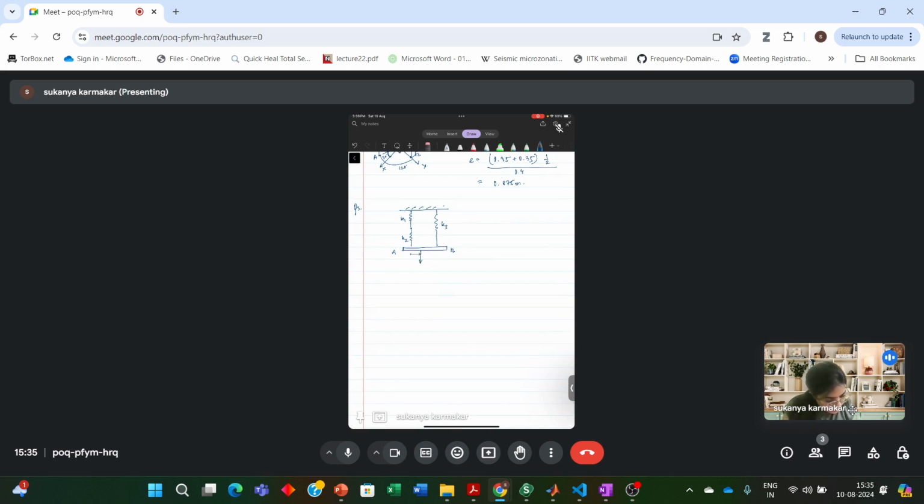So you have a stiff horizontal bar AB, and it is supported by three springs with different spring constants.